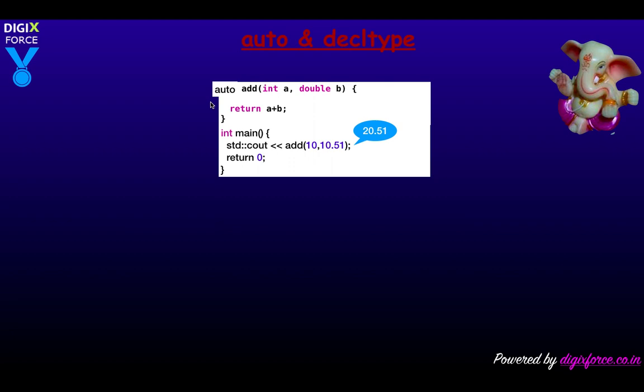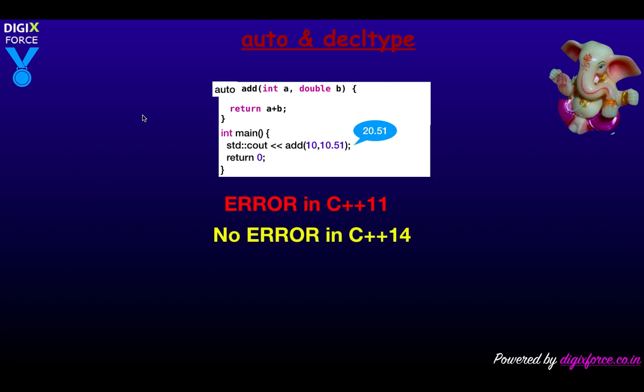So in my first thought, I thought that I can write auto here, auto for any type. But auto cannot be a return type in C++11. You will get an error, auto cannot be a return type. It might be a parameter, but it cannot be a return type. But you will not get any error in the C++14 standard. These things we will also see in our demo code.